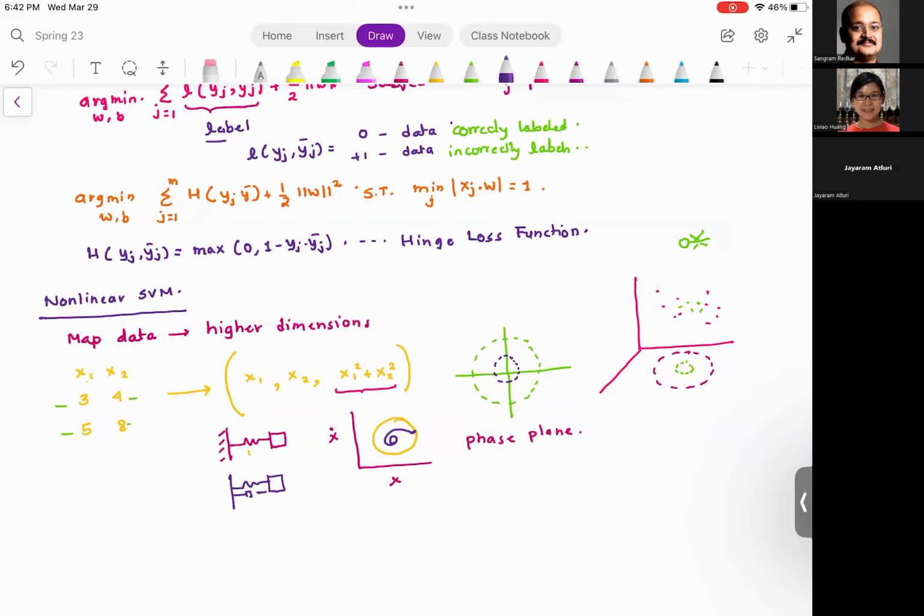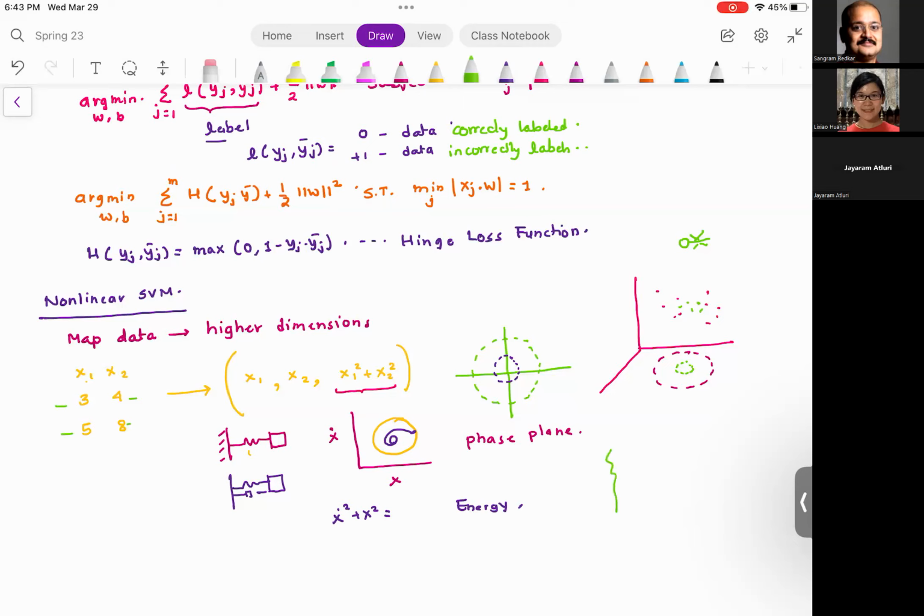And this pattern could be visible on a plane which is x dot plus x. Alternatively, you can do x dot square plus x square, and this actually gives you sort of the total energy content. So a quick side note.